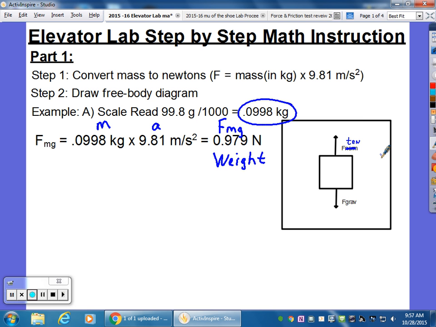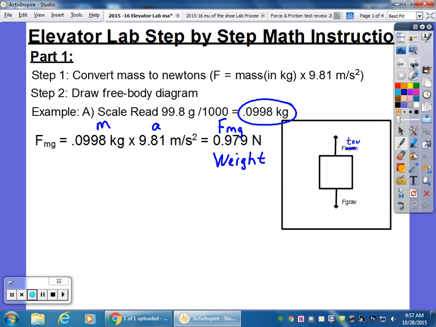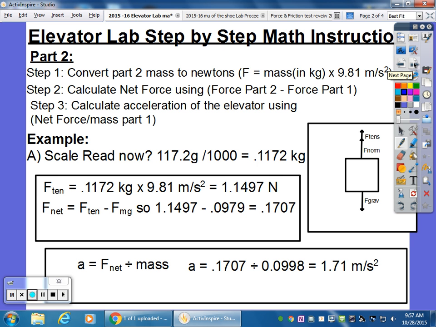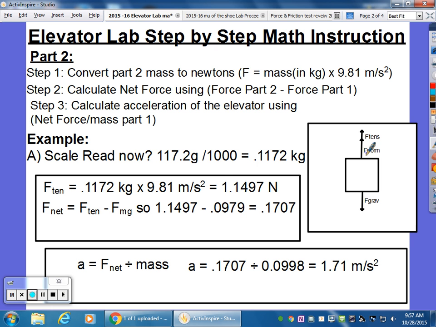And then moving forward, the arrows will change. The size of the arrow that is in the direction of the acceleration will always be larger than the size of the arrow that is in the other direction. So you'll simply change the size of the arrow in the direction of acceleration. For part two, for example, the arrow up is larger than the arrow down.